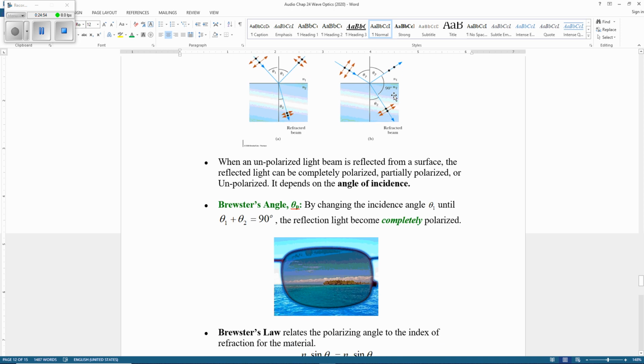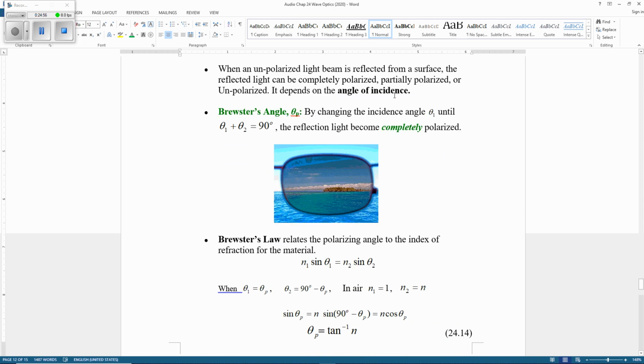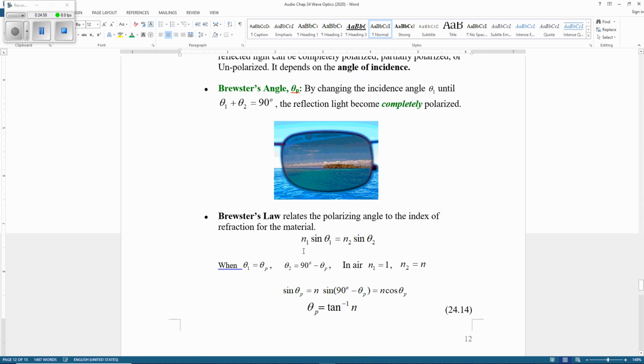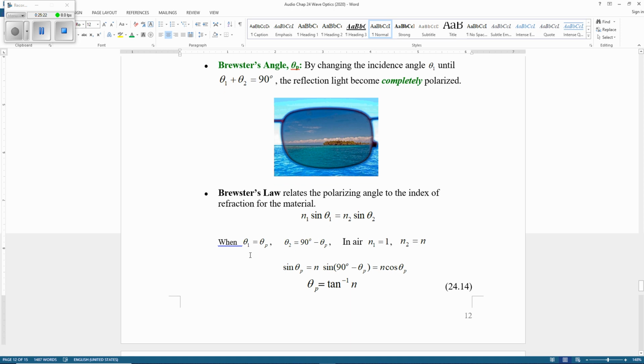Now we're going to find it. We start with this equation. Remember, we call it the law of refraction, from one medium to another. Suppose from air to glass, or from air to water. For air, n1 almost equals 1, right? Now we assume we have Brewster's angle, and we want to find the angle.